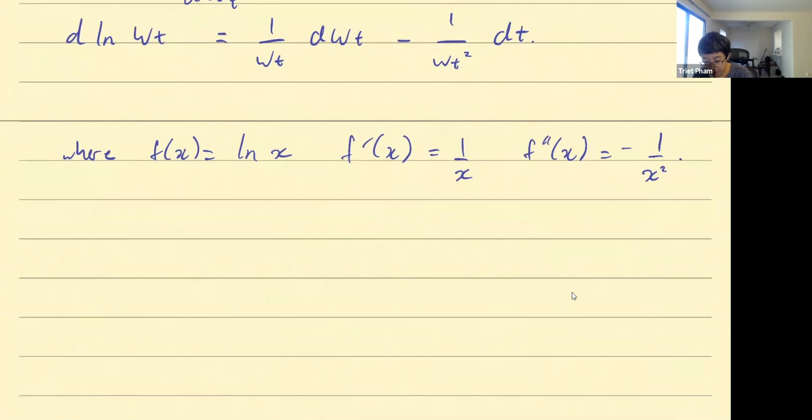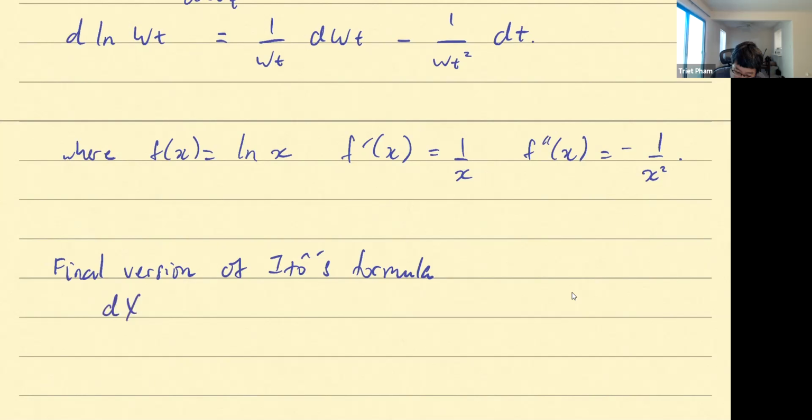That requires us to extend Ito's formula one more time. We will do an Ito's formula that is the most general. It's like the chain rule, if you will. So what we want is something like this.